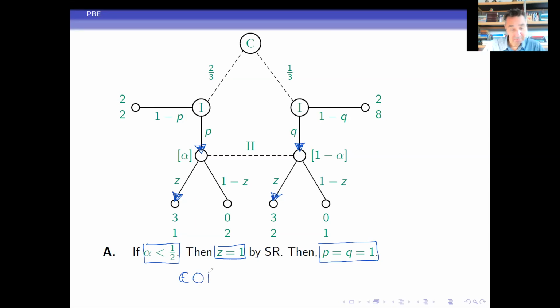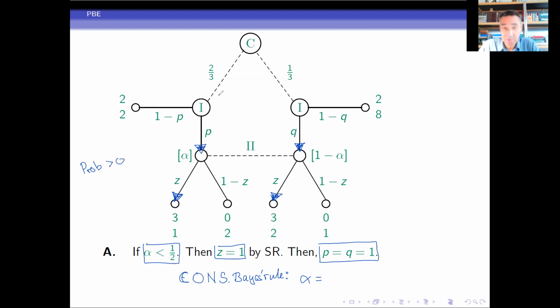Consistency says that alpha should be given by Bayesian updating. And how does that work? Well, this information set is now reached with probability strictly larger than 0.